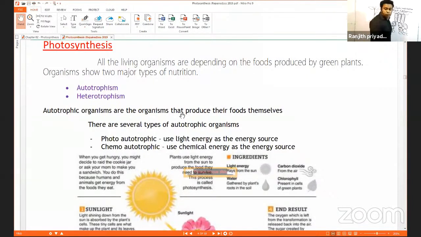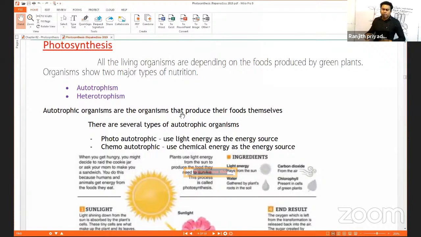For the production of food, light energy is used by these organisms. Therefore, they are known as photo. Photo means light.